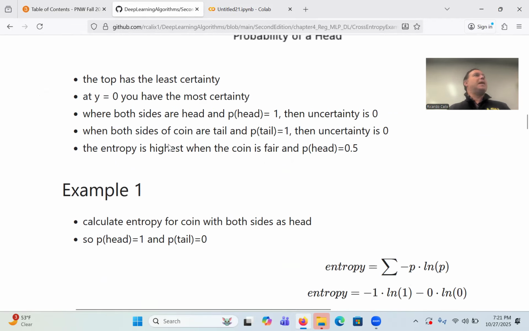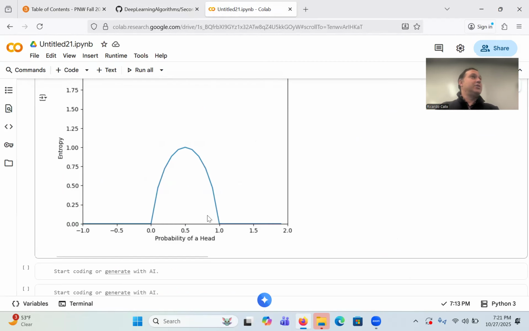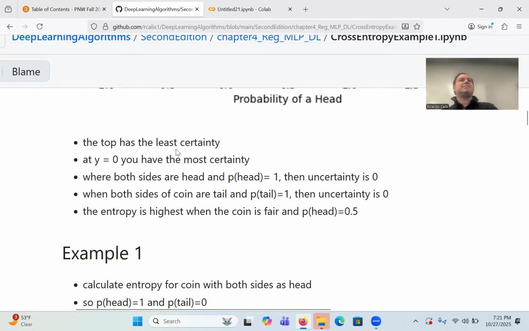Semantically, it trips you up a little bit sometimes with the language. So the top is the most uncertain, highest entropy, least certain. The top has the least amount of certainty because you don't know. You have a 50% chance it's heads or tails.